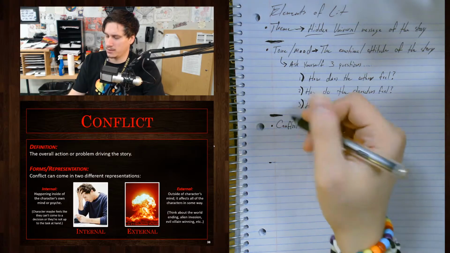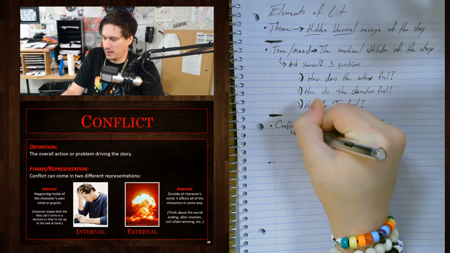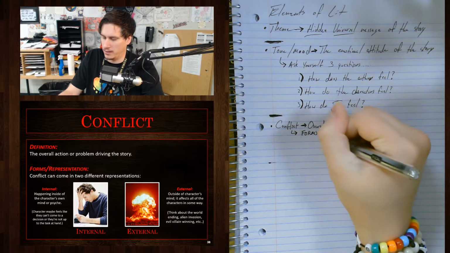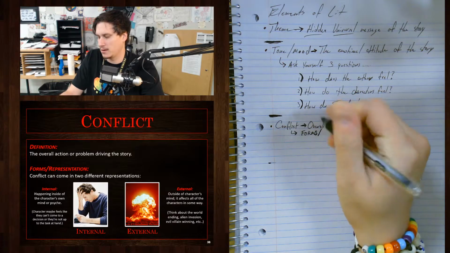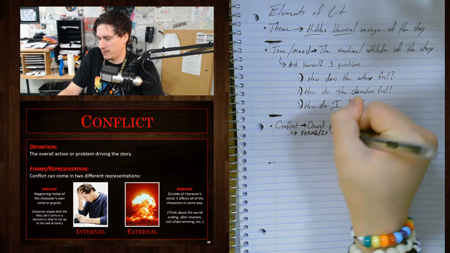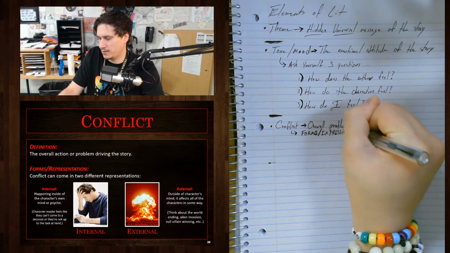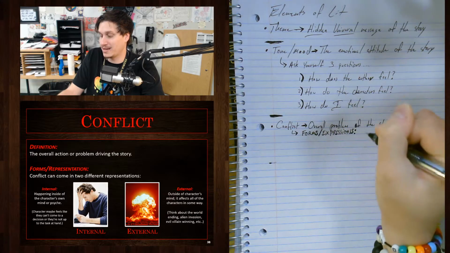For conflict, I'm just going to do a little arrow down, and I'm going to say forms. Or you could say expressions, representations. I'll say expressions. So these are the ways to express your conflict; types, we're going to do on the next slide.